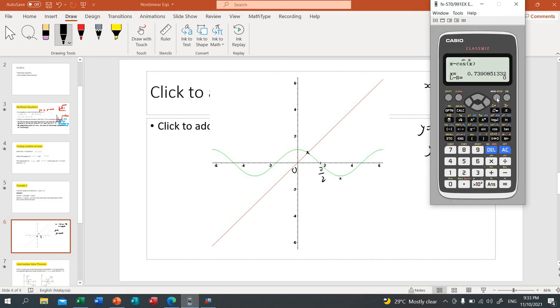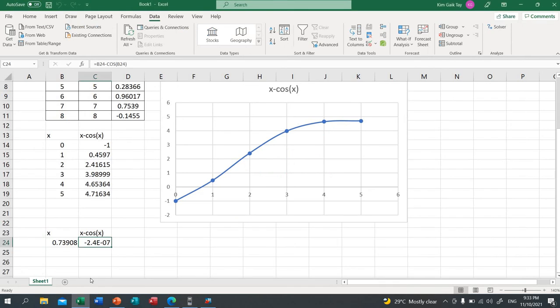Or you may use your scientific calculator. Use the table menu to tabulate the nonlinear equations. Then you see that when the y value changes from positive to negative or negative to positive, sure there is a root in the interval.